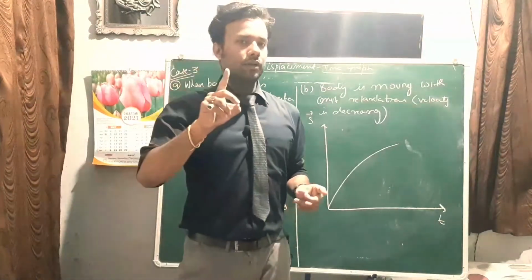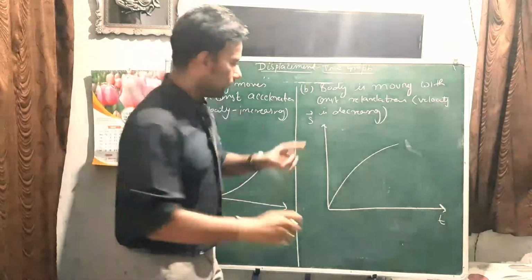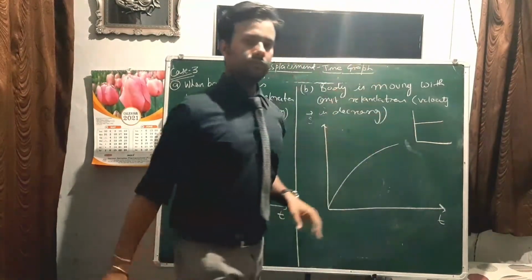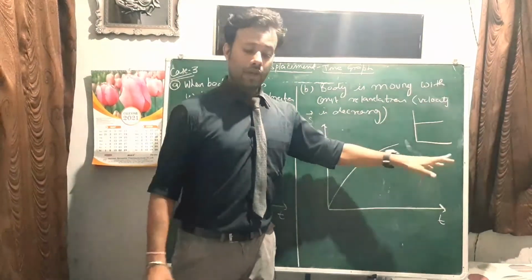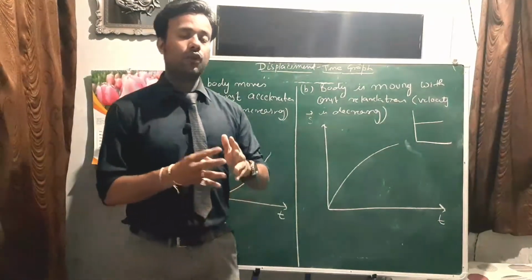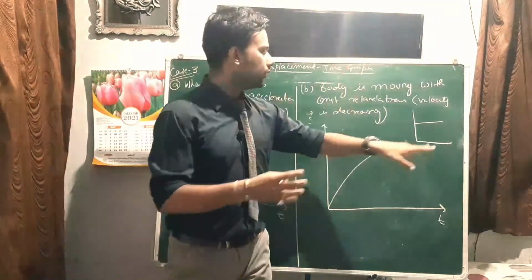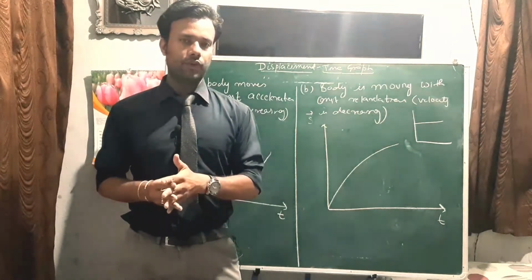Now, if you remember the first case, when the body is at rest, what was the graph? Graph was like this, parallel to the x-axis. Now, in this case, when the velocity of the body is decreasing, we are moving toward the first case, where the velocity was zero, right?